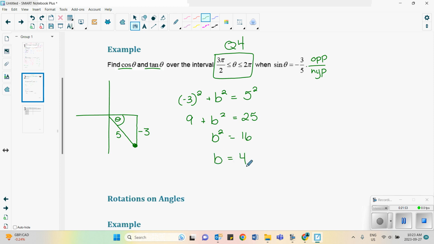So is b +4 or -4? How come? So we know in quadrant 4, our x values will be positive.